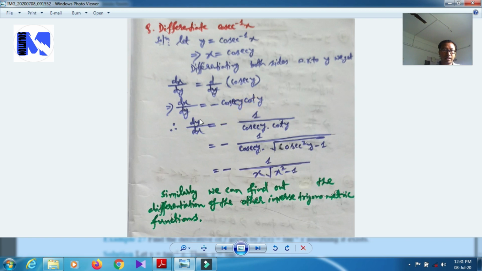Then I have reversed it, so dy by dx will be minus 1 by cosec y cot y. This cot y can be written as root over cosec square y minus 1, and cosec y means x, so it will be minus 1 by x root over x square minus 1. Okay, we can find out the differentiation of the other inverse trigonometric functions like this.